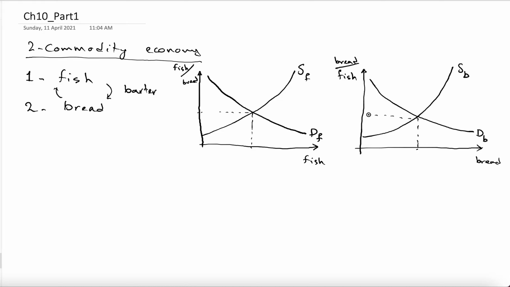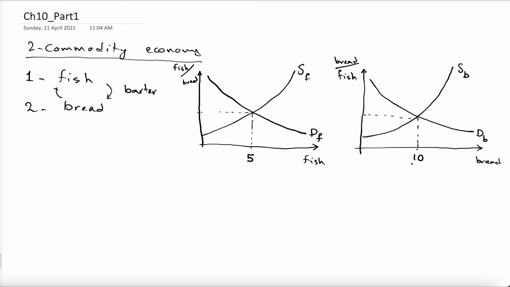This is where the amount exchanged fulfills all the demand and supply. So let's give some numbers for the sake of simplicity. I assume that 5 fish are sold for 10 breads, and that is where the equilibrium in both markets happens at the same time.